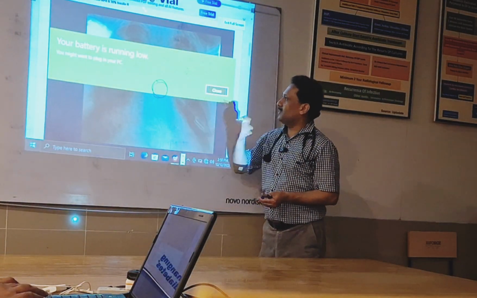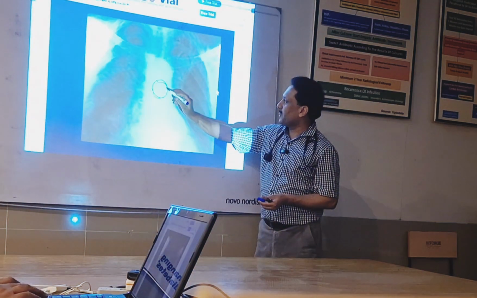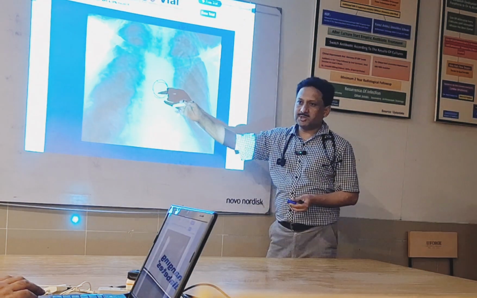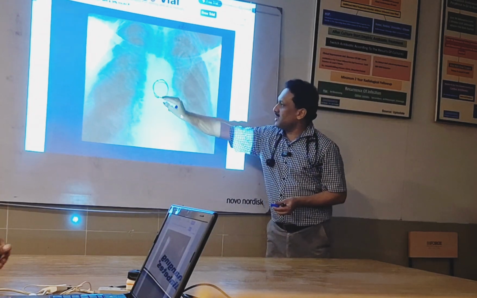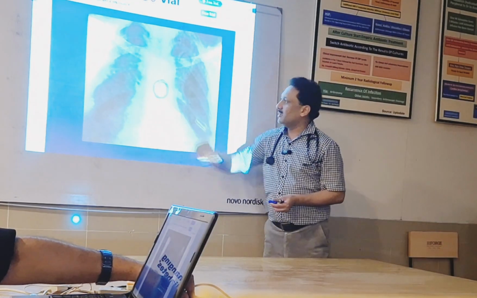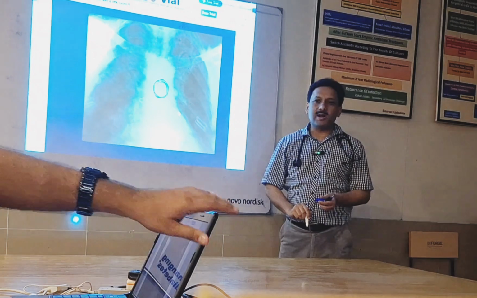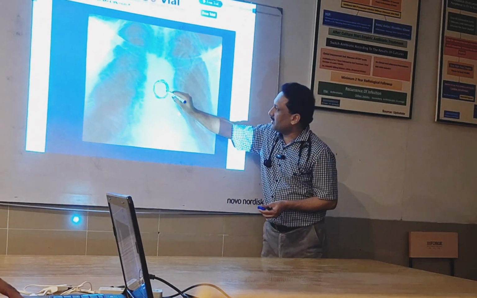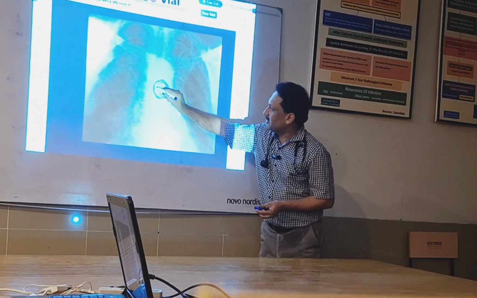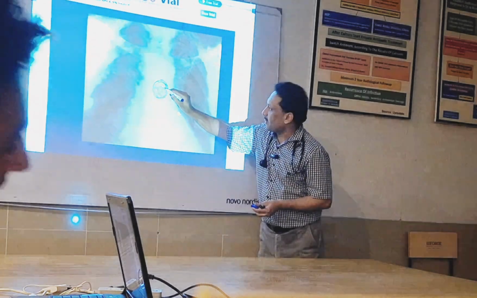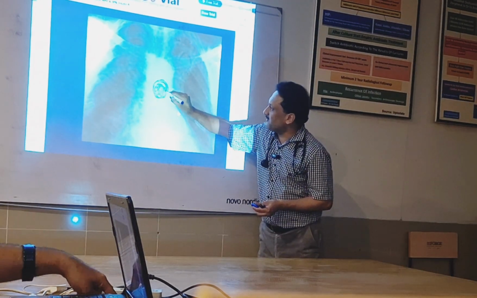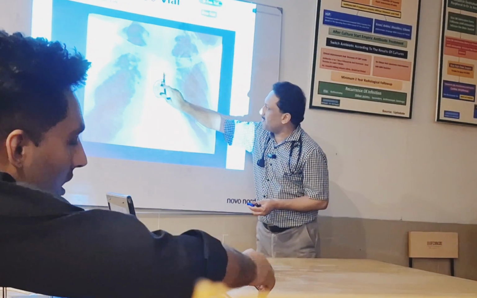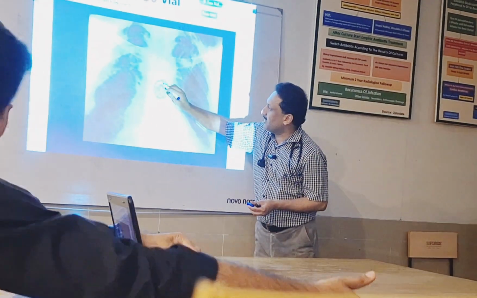So you are seeing here, we are about to finish. In the next 5 minutes likely we'll finish. So you are seeing here, this is a cavity, a thick walled cavity. Then we are seeing another thing. This hole has been filled with something, and that part is unfilled.